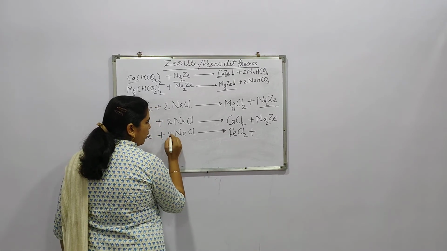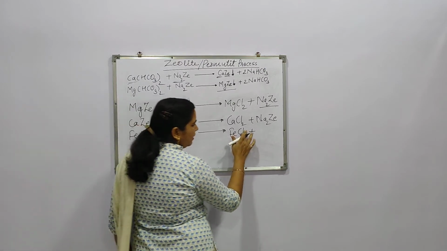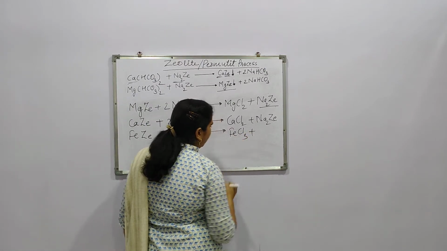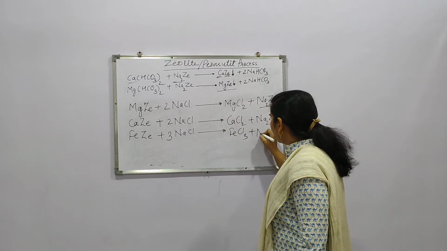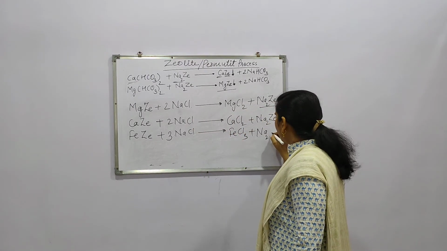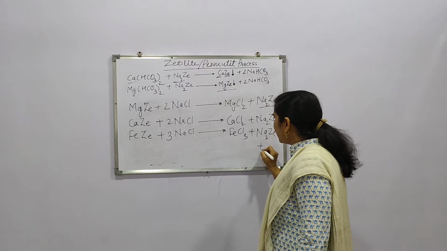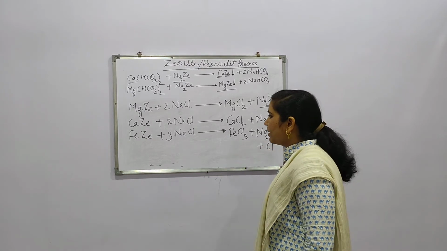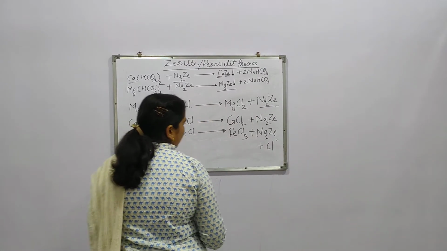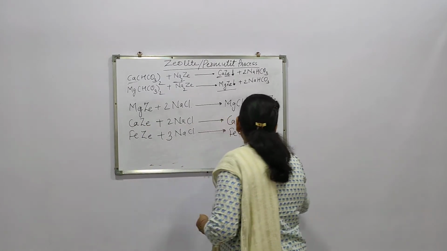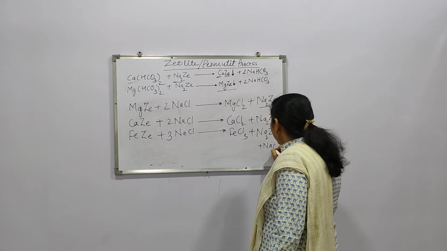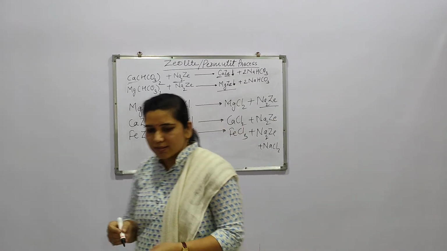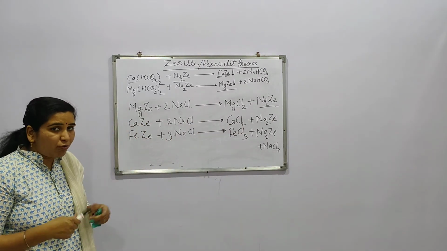Here, 3 moles of NaCl will be required, because FeCl3 will be formed. So FeZe plus 3 NaCl gives FeCl3 plus Na2Ze, and the Cl will remain as NaCl. The NaCl that remains can be removed in water as a soft salt.